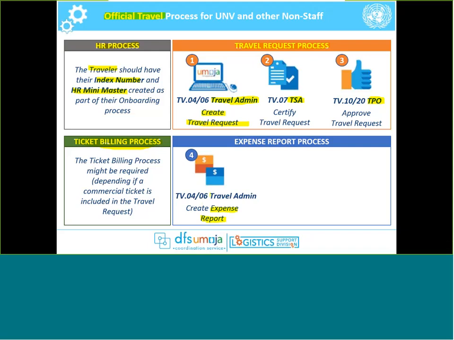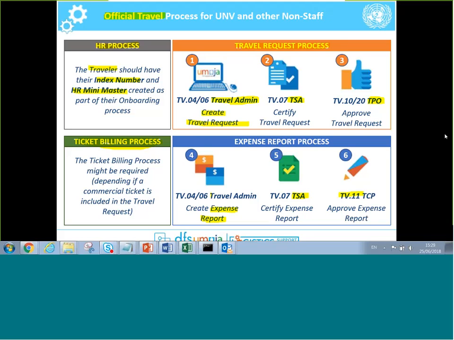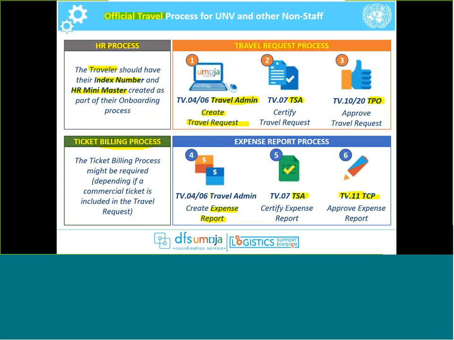Okay. If you make changes and you include additional expenses or you change the dates, that expense report will have to be reviewed again by the travel transaction approver, the certifying officer, and in a second review by the TCP, the travel claims processor, that is normally a role in finance responsible for reviewing the different expenses and making sure that the traveler is entitled to those expenses.